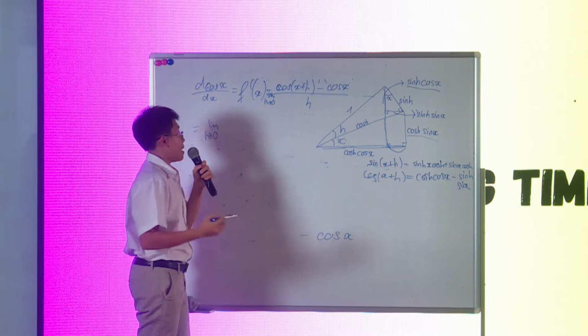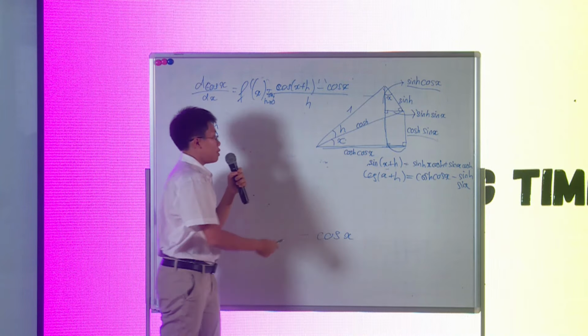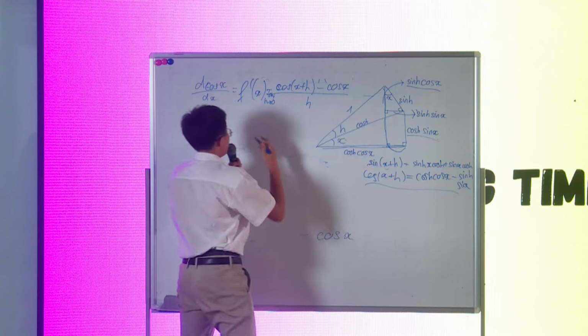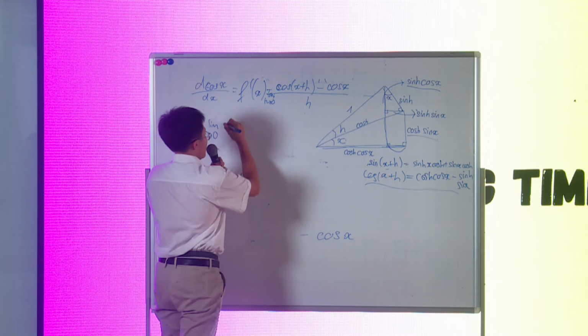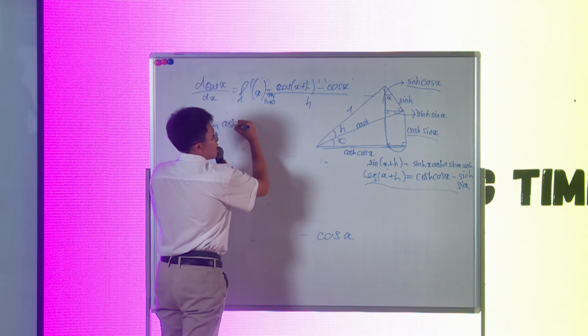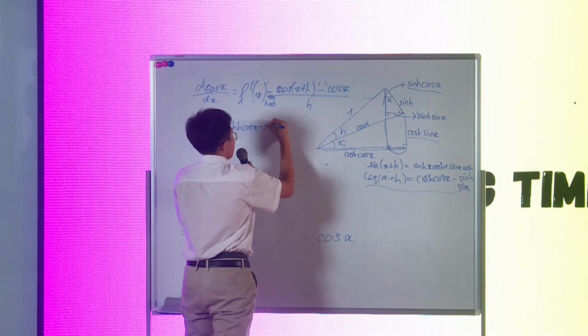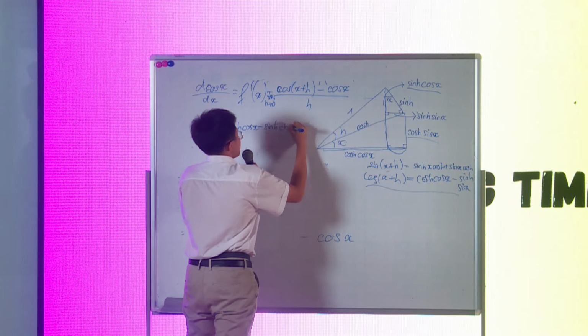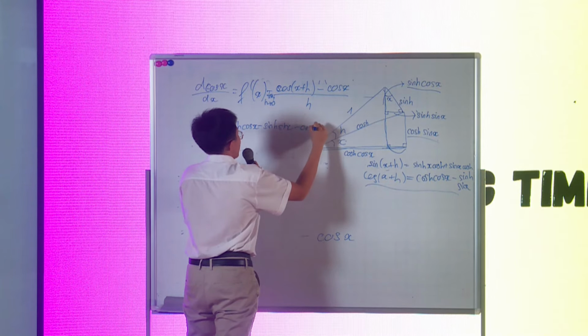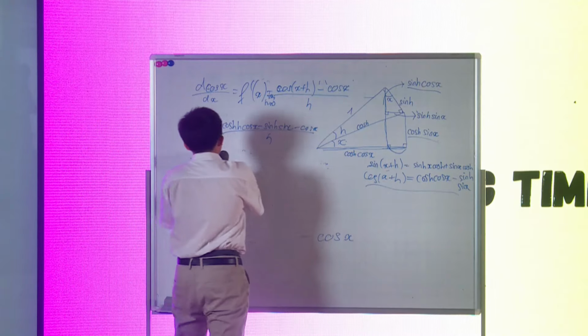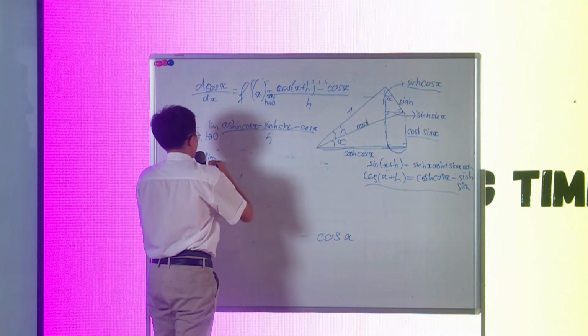Now we want to expand the cosine of x plus h, which I have written here before. So we will use that and we will get the limit of h to 0 of cosine of h cosine of x, minus sine of h sine of x, minus cosine of x, over h.